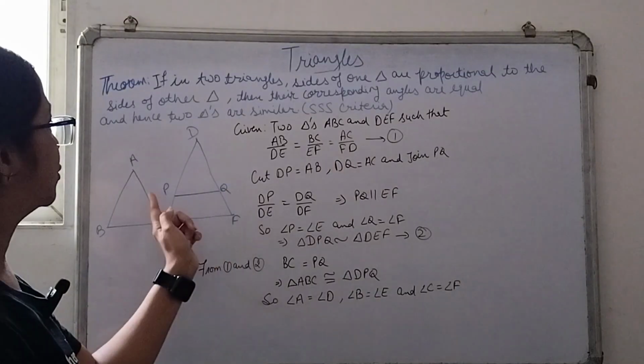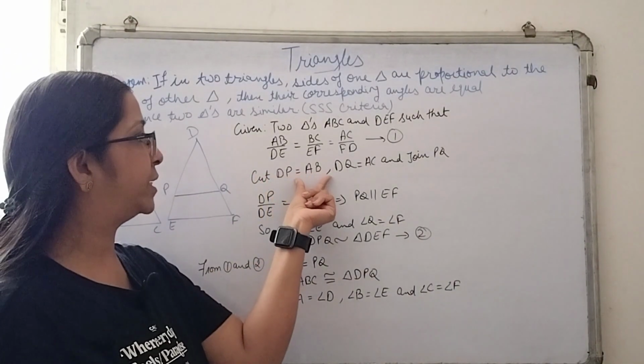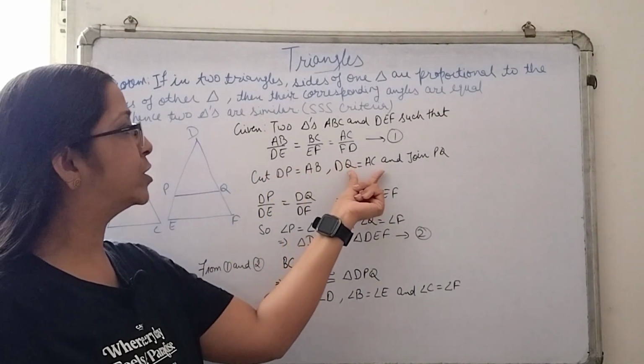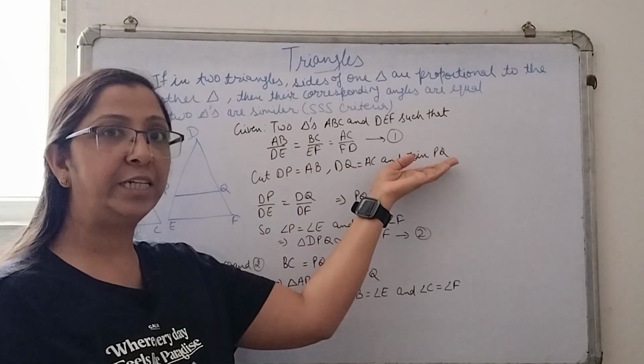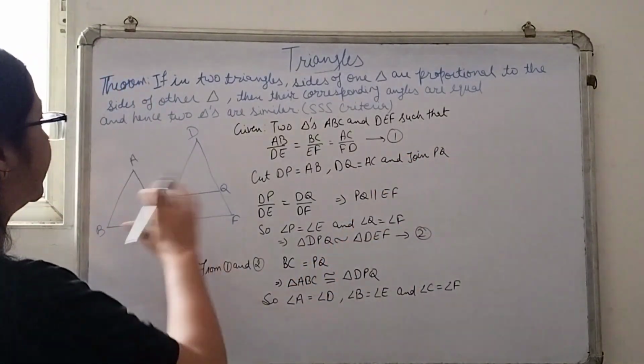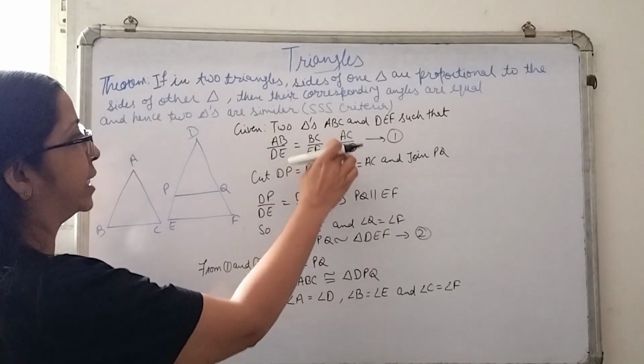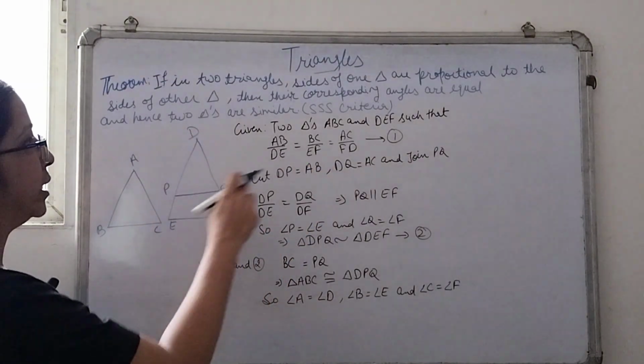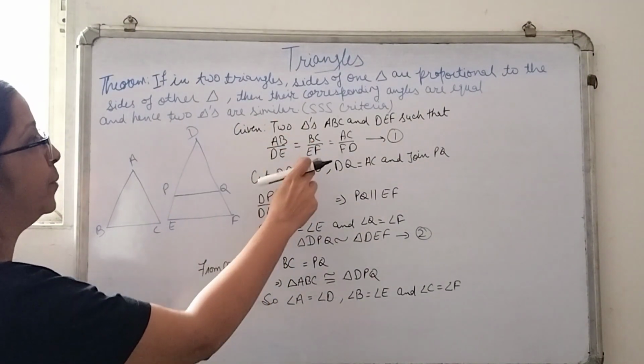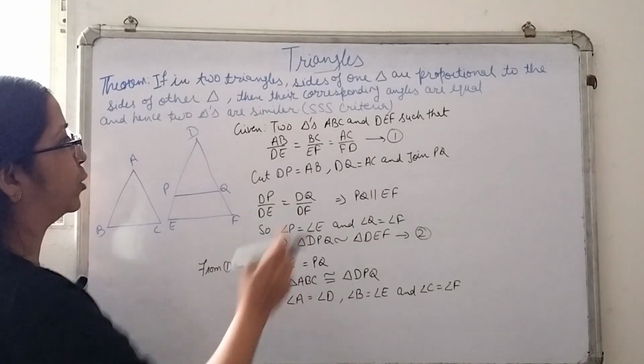And we have joined these 2 points. Already it is given to us that the ratio of their sides are equal, that is AB over DE is equivalent to BC over EF is equivalent to AC over FD.